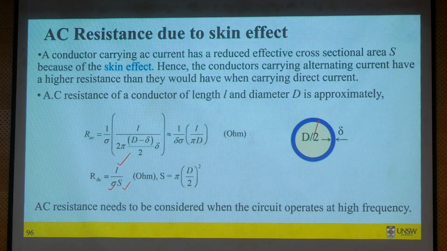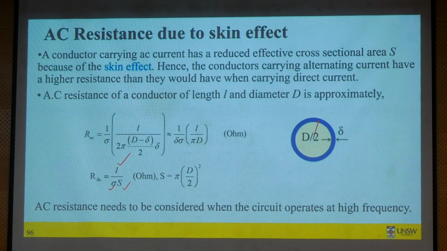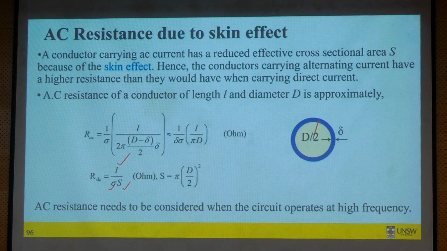If we operate motors, especially at high speed or with high switching frequency inverters, we may see high frequency current, harmonics, etc. So AC current, then if we only consider DC resistance, it's not sufficient.